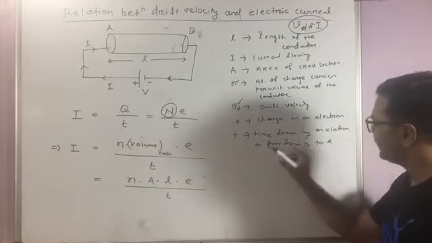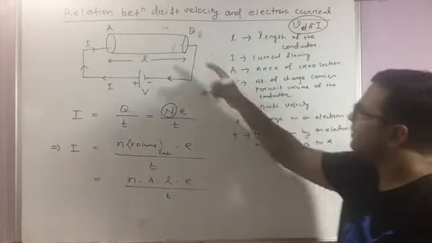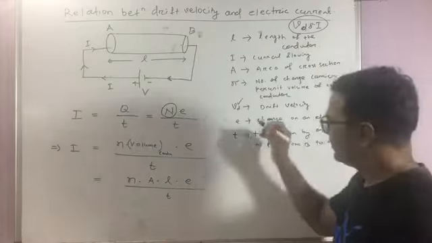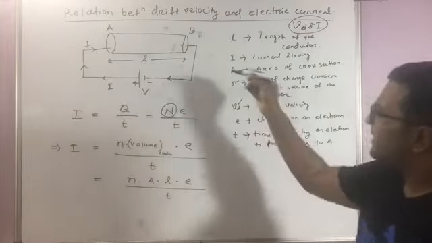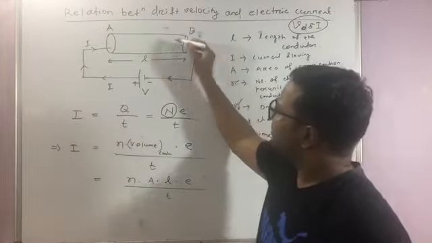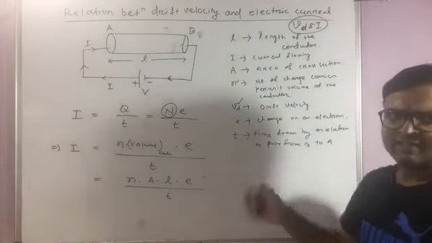Now according to the definition of drift velocity, t is the time taken by an electron to move from end B to end A. We know the speed at which an electron is moving from B to A, that is your drift speed, the average speed.